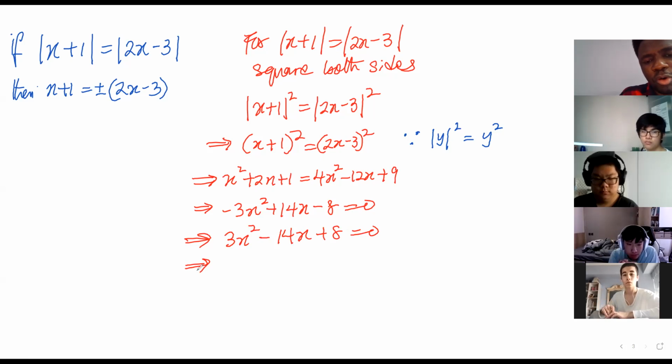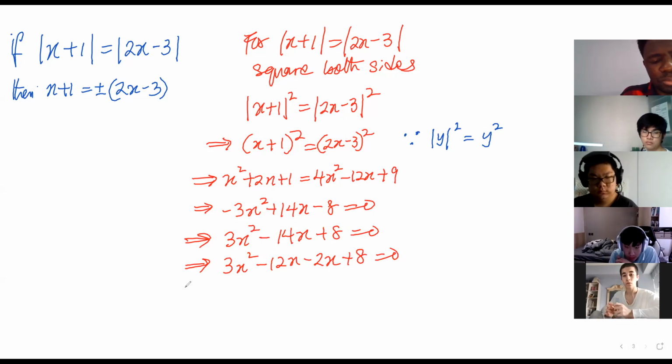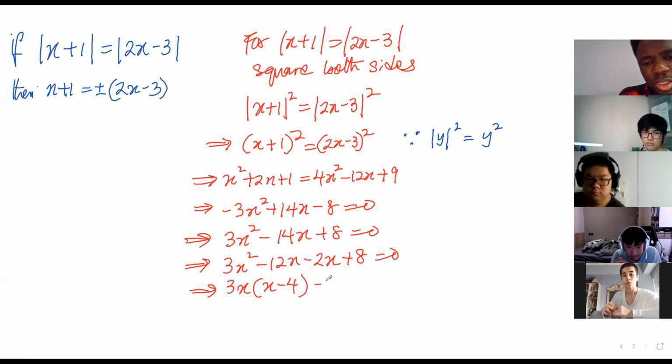Factors of 24, that's 12 and 2, or any other method that comes to your mind. So 3x, x minus 4, negative 2, x minus 4 equals 0.